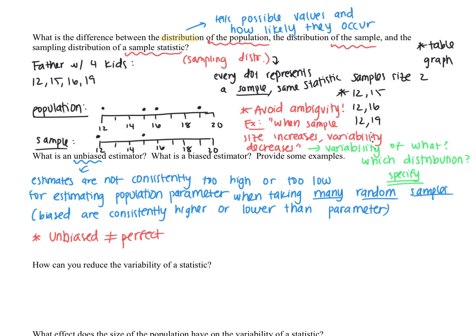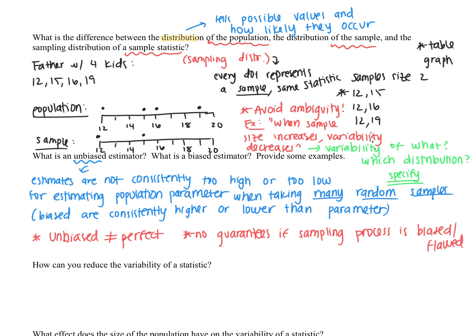The other one that's big is there are no guarantees if the sampling process is biased. And by biased, I mean flawed. So if we have a poor sample, if our sampling process is poor, then there's no guarantees in terms of whether our estimator will be biased or not.